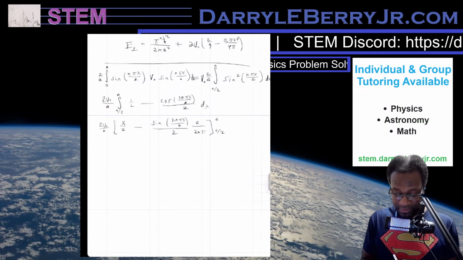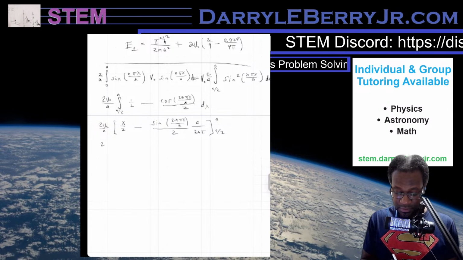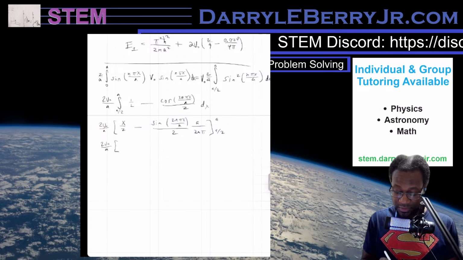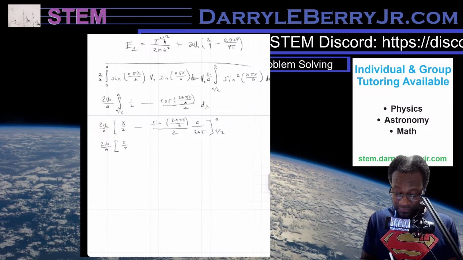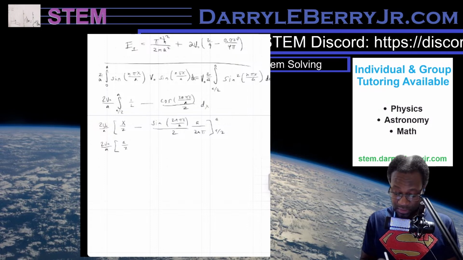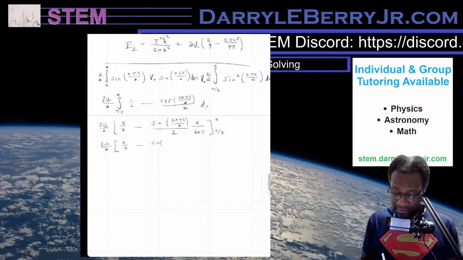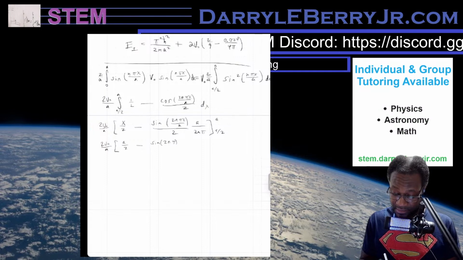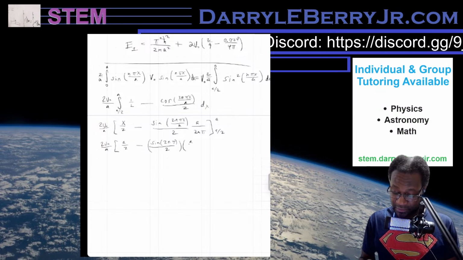All right, so when we plug this in, we have 2 V naught over a. We have a over 2 minus sine of 2 n pi over 2, and we have a over 2 n pi.